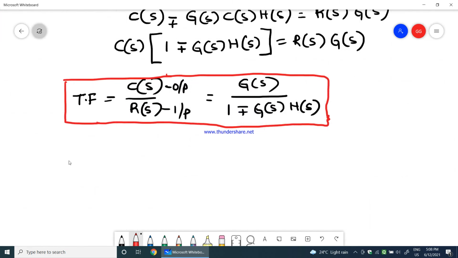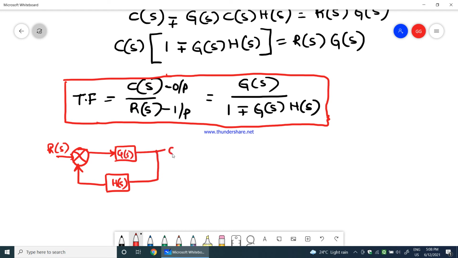Now think you have a diagram like this, r of s, and we have a feedback h of s, and you have g of s, and we have c of s.